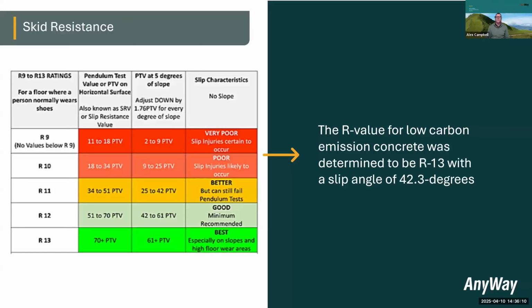And essentially what you're looking at is changing the angle of a surface to a point where a specific load starts to slip on that surface. And so the greater that angle without that specific load slipping means that the friction factor is better, i.e. the skid resistance is better. So very, very good skid resistance, which is good for use in paths and things of that nature.